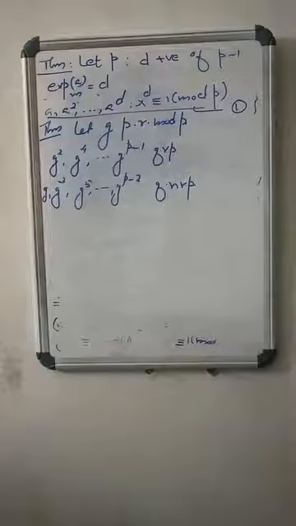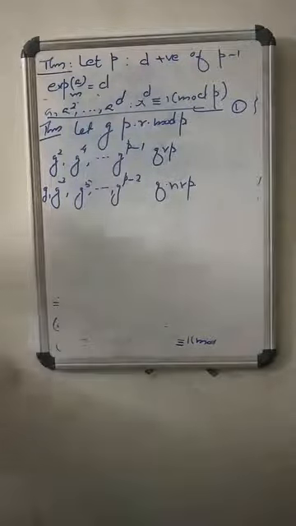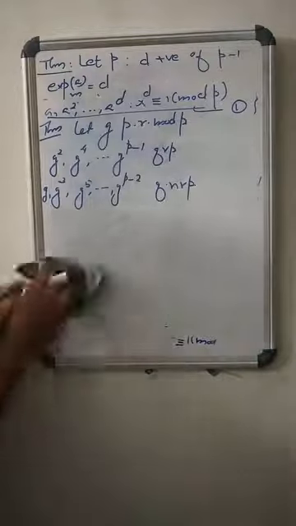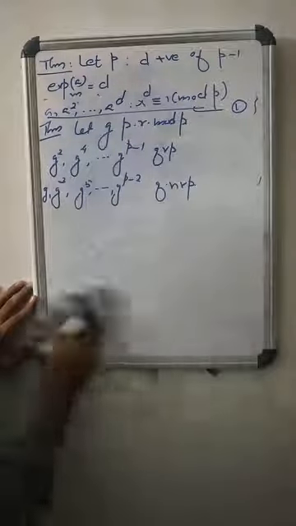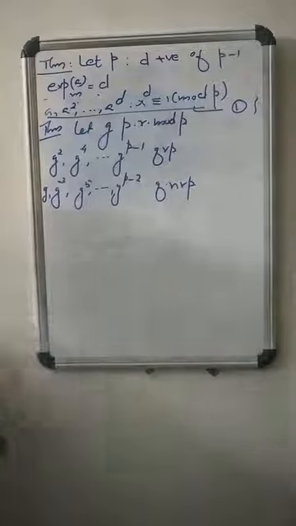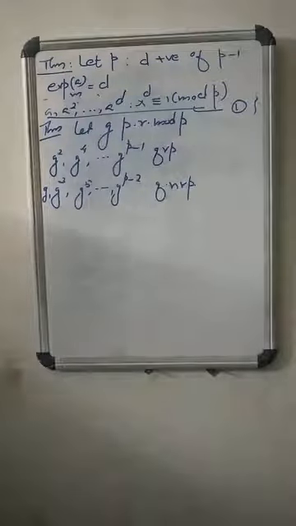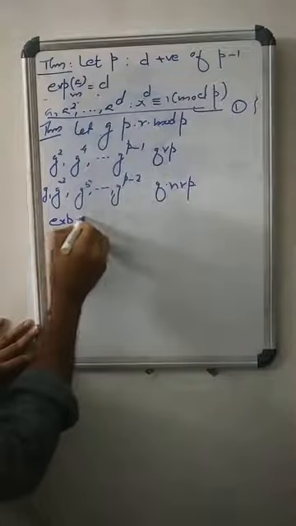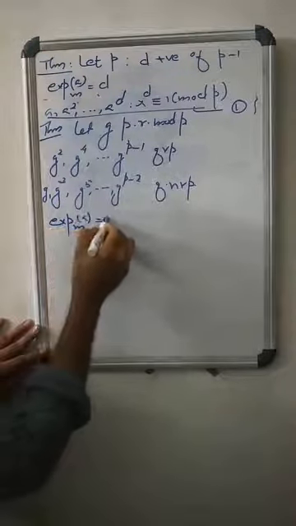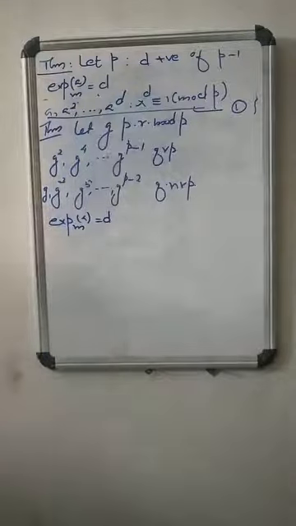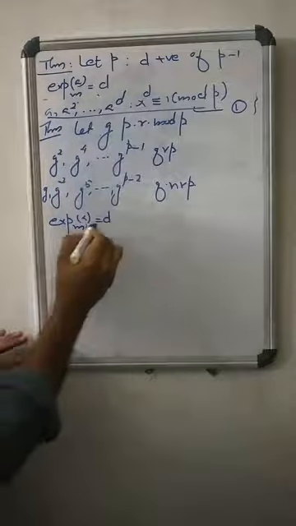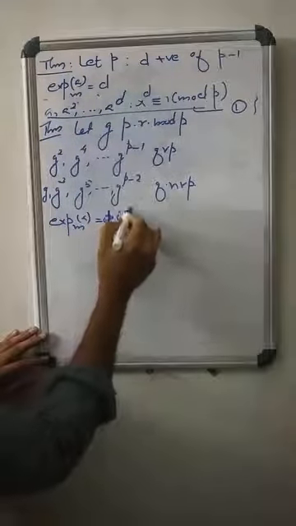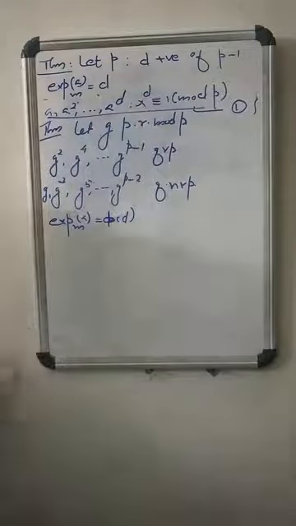How to prove this one? See, what is g? g is a primitive root mod p. When is a a primitive root mod p? a is a primitive root mod m when the exponent of a mod m equals phi of m, where phi is the Euler phi function.